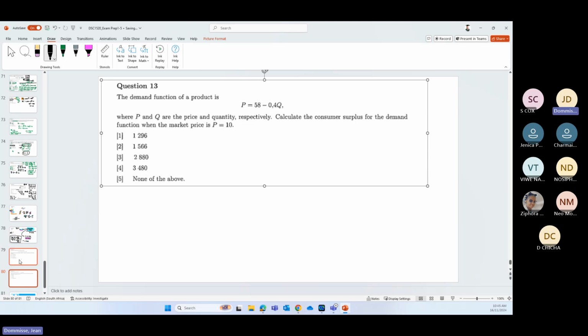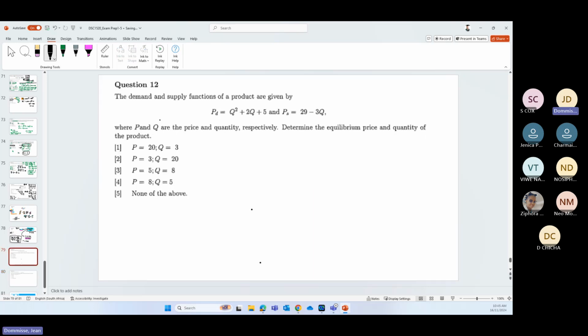Okay, so let's quickly do demand and supply. Okay, cool. Demand and supply, we understand. They give us the demand, they give us supply. When they say the demand and supply functions are given, and you determine the equilibrium price and quantity of the product, what does equilibrium price mean?